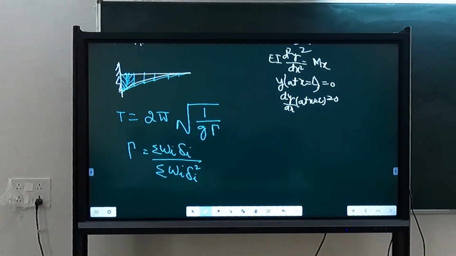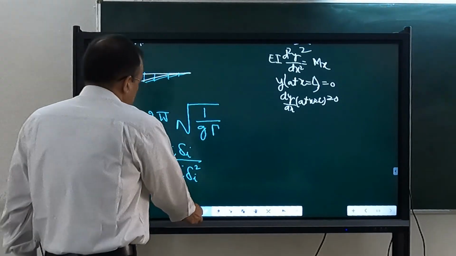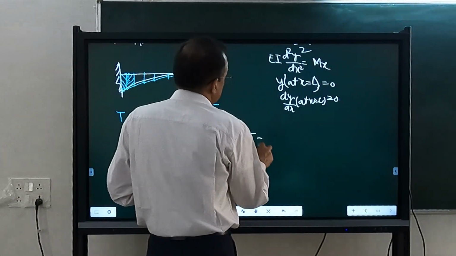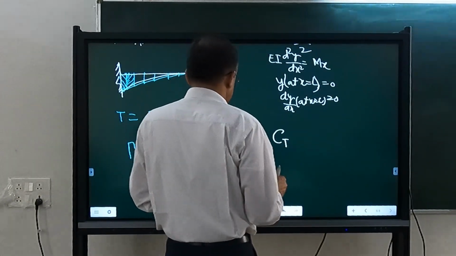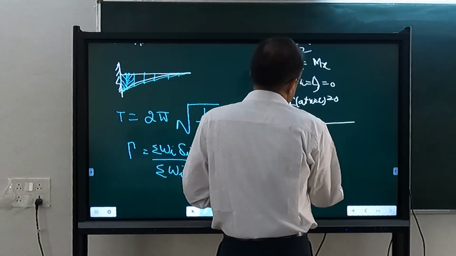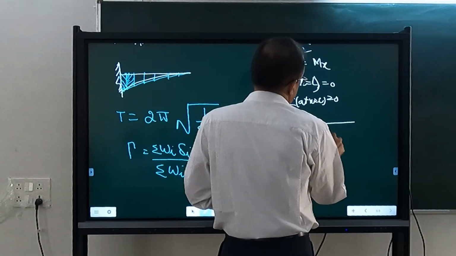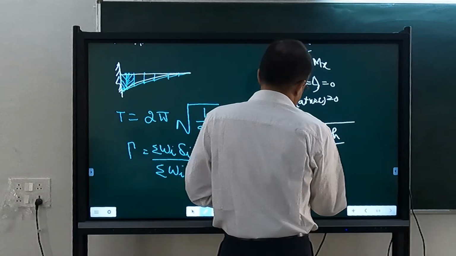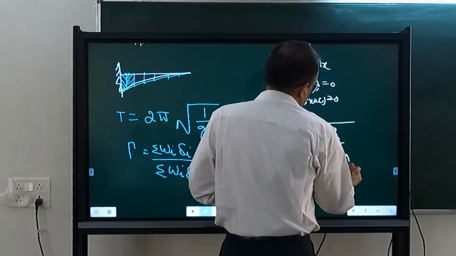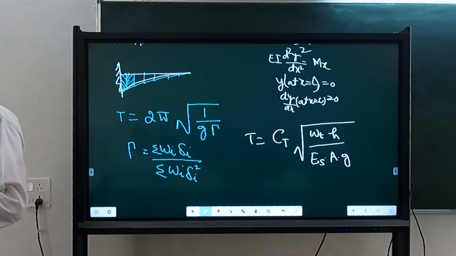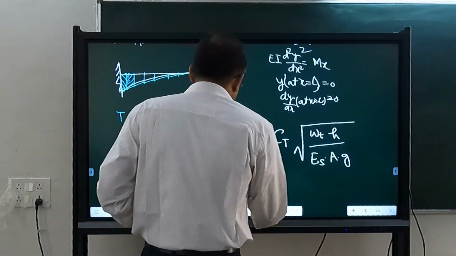Okay. The code gives an alternative method also for obtaining the period, and that is T equal to Ct square root of Wt H over Es A g. So Wt is the total weight of the structure including weight of lining.